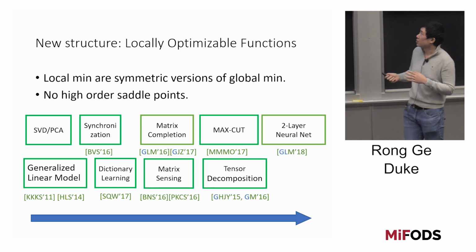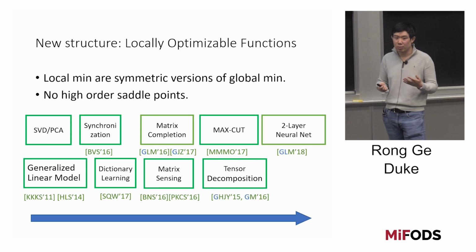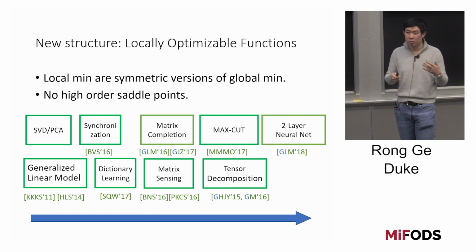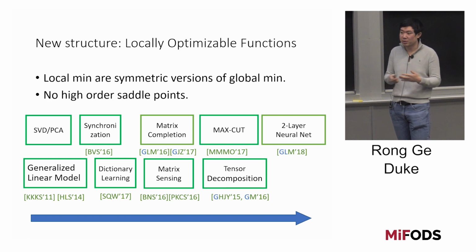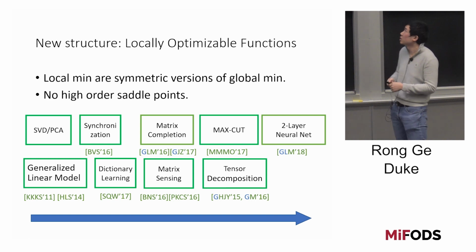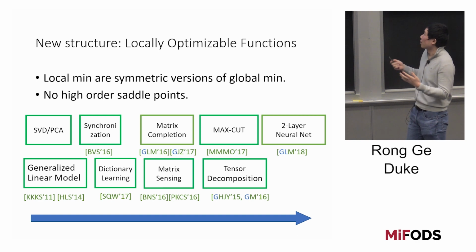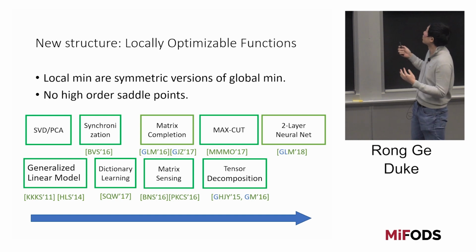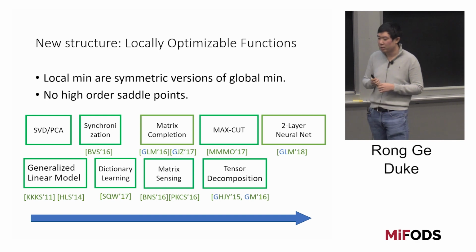So the list goes from some of the more traditional problems like the singular value decomposition or principal component analysis. So these are traditional examples of non-convex optimization problems that do not have any spurious local optimal solutions. And then there are problems related to matrices. There are problems related to tensors. And there are some versions of neural networks that I'm going to talk about later.